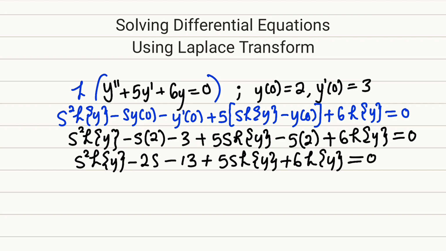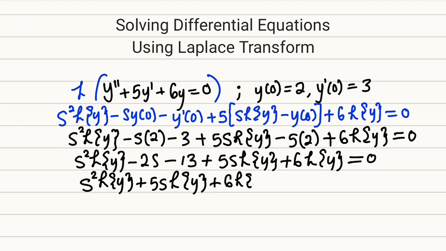Next, let us bring all those that contain Laplace transform together. We have s squared here multiplied by the Laplace transform of y, and we have another one here, plus 5s multiplied by the Laplace transform of y, then plus 6 times the Laplace transform of y, and I want to take all other terms to the right.